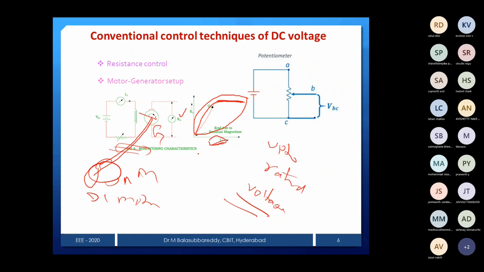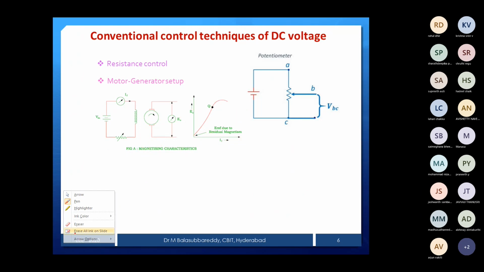That is one thing. And the cost of the setup is high. Also the variation is not smooth. You can get up to the rated voltage only, but with a lot of setup, motor loss as well as generator loss are all involved. That's why preferably we don't use this type of control strategy.